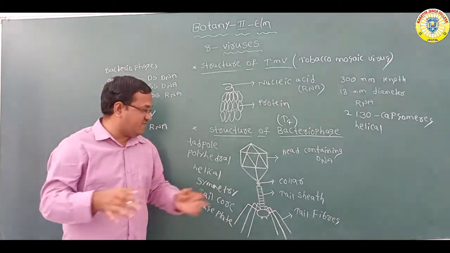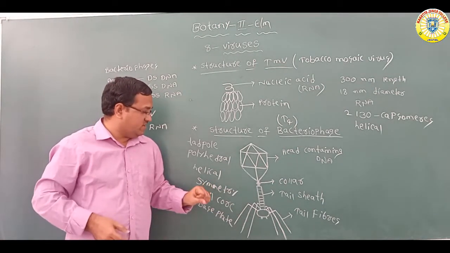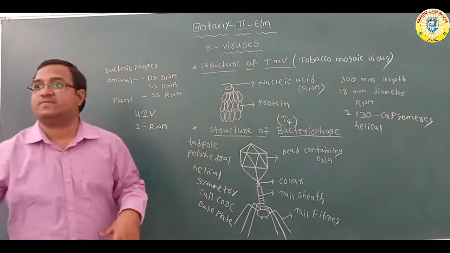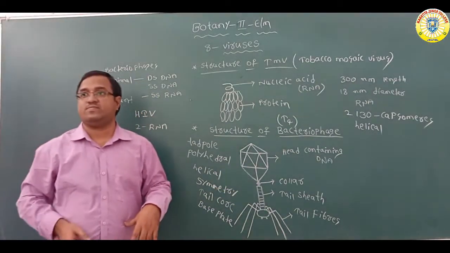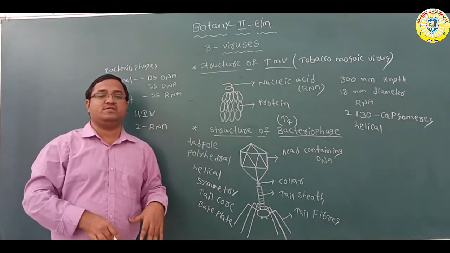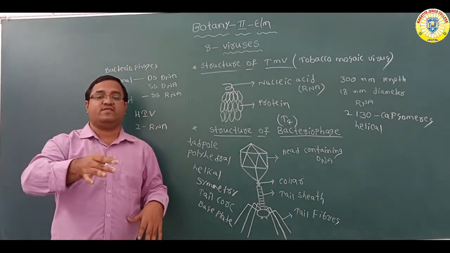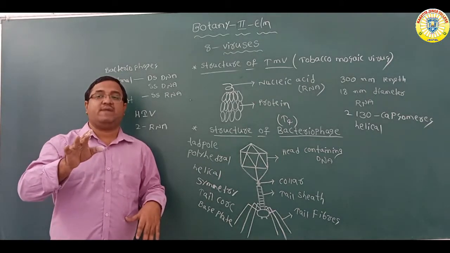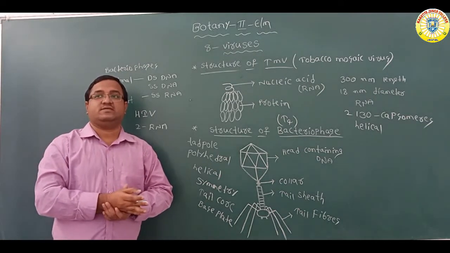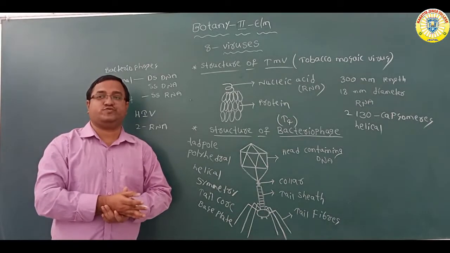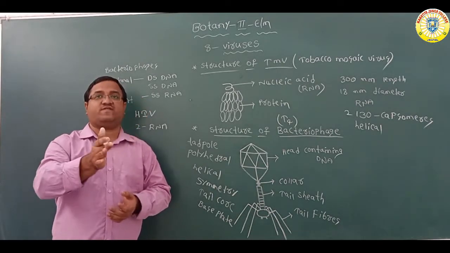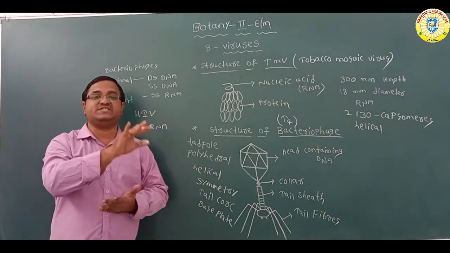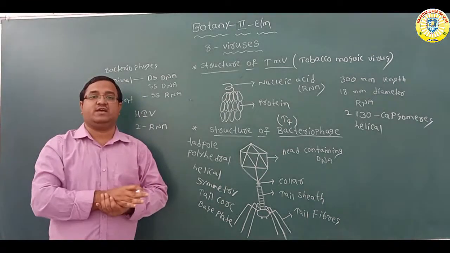So what are the functions of the tail sheath? The tail sheath is very useful for transfer of viral DNA, transfer of phage DNA into the bacterial host cell.